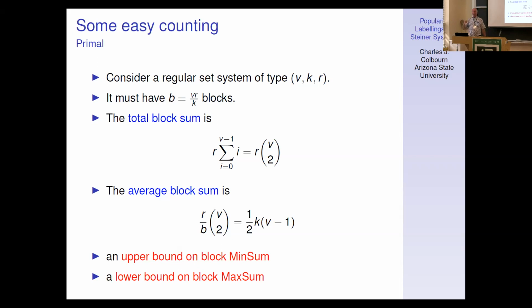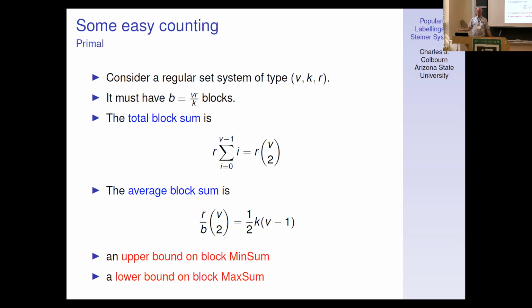And so we can now calculate a total of all of the block sums, divide by B to get the average block sum. And you get this very nice looking quantity. A half of K times V minus 1 tells you what the average block sum must be.